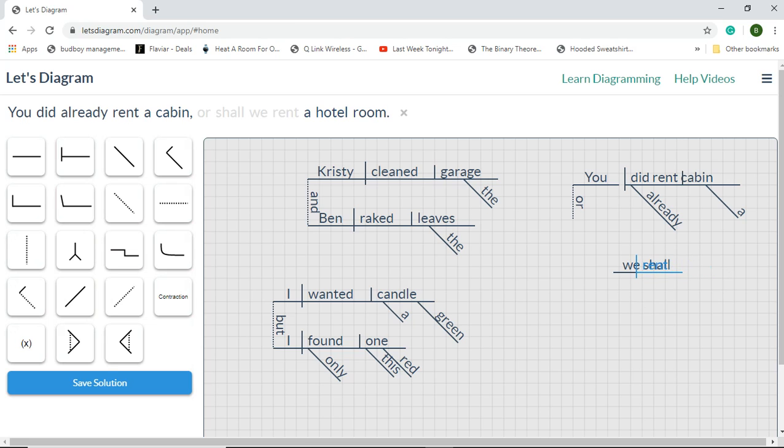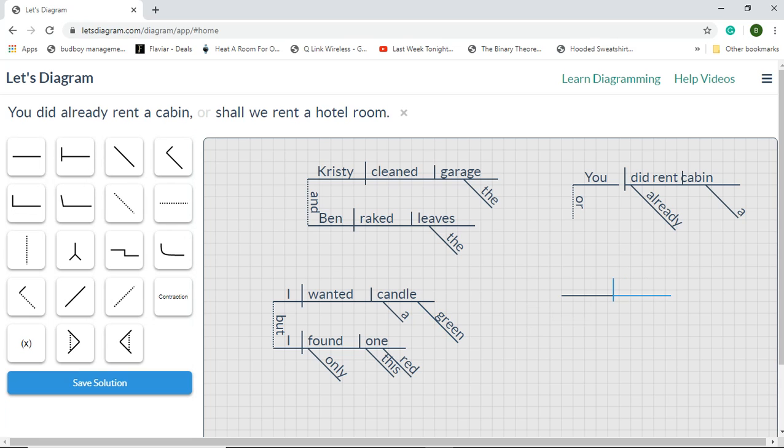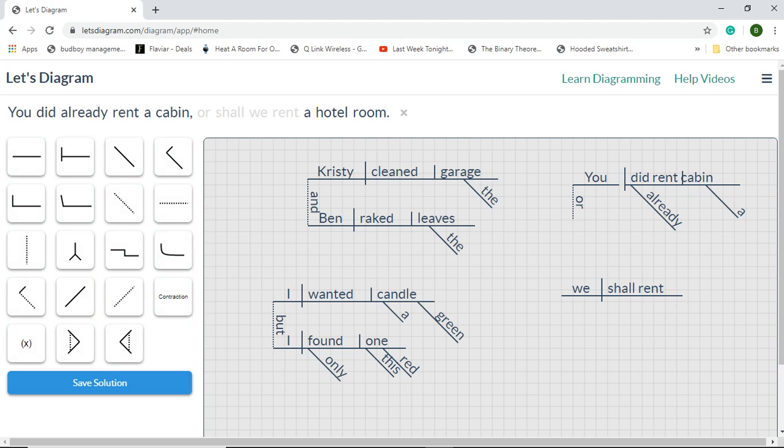Oh, that's giving me so much trouble. Let's see why. Try that again. We is the subject. Shall rent is a verb phrase.